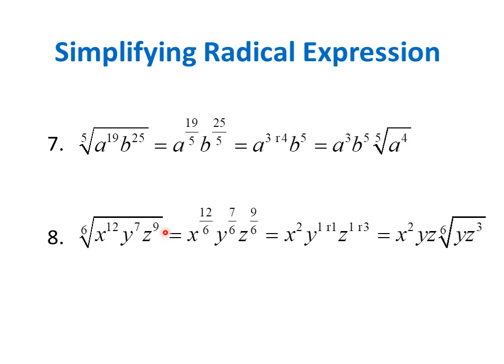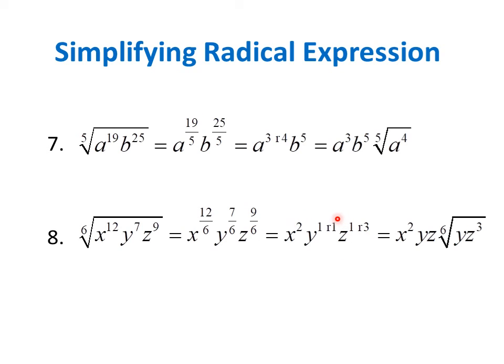So we have x to the exponent 12 divided by the index 6, times y to the exponent 7 divided by the index 6, times z to the exponent 9 divided by the index 6. Let's simplify the exponents. 12 divided by 6 is 2. 7 divided by 6 is 1, remainder 1. 9 divided by 6 is 1, remainder 3.